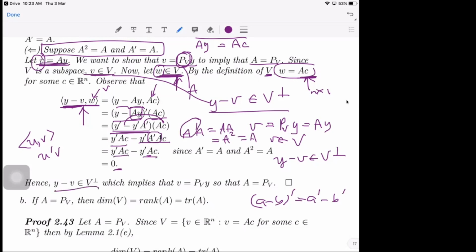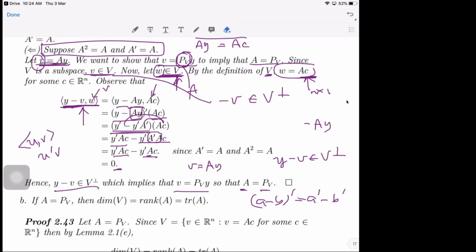So this shows us that Y minus V is in V perp, which implies that V is a projection of Y onto V. And since we defined V to be AY, it means that A is PV.